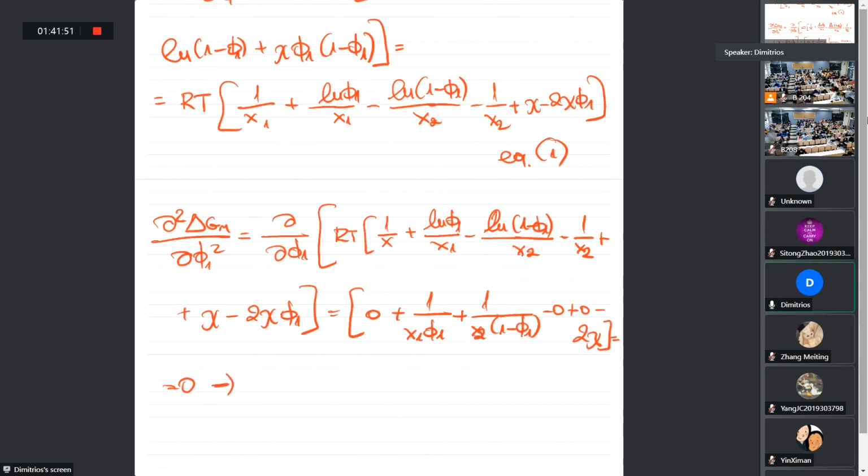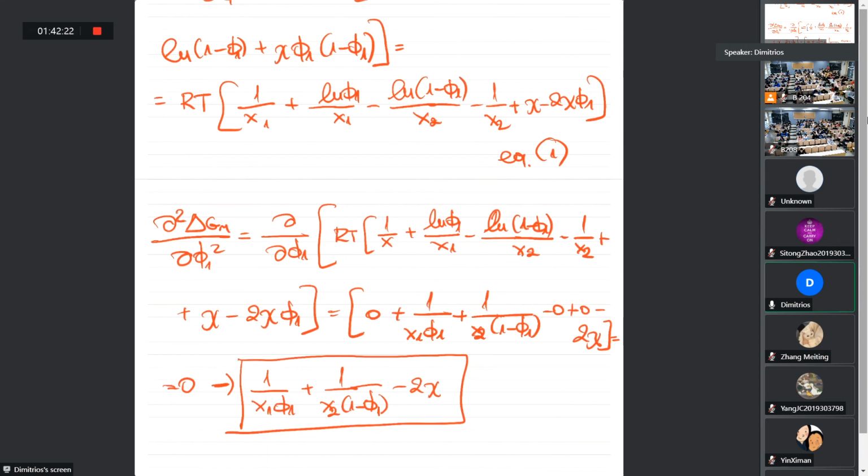And eventually the equation that gives us the defining spinodal points, the spinodal curve, is 1 over x1 phi 1 plus 1 over x2 1 minus phi 1 minus 2x.